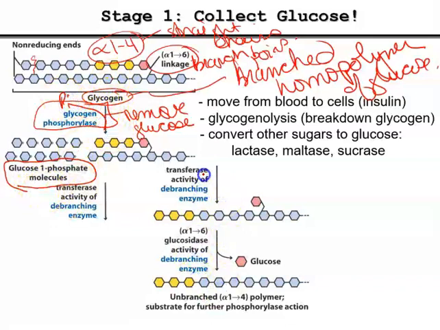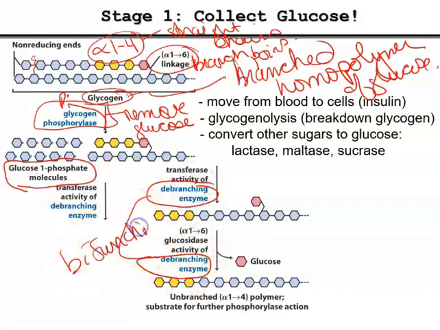And then we have these debranching enzymes. Now, the debranching enzyme is bifunctional. So it has 2 enzyme actions. It has a transferase activity and it has a glucosidase activity. The transferase activity is going to move the terminal 3 glucose residues to the non-reducing end of a straight chain of glucose. Do you see that? So these 3 residues here, we've broken.